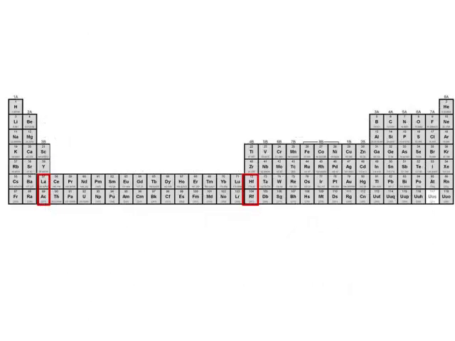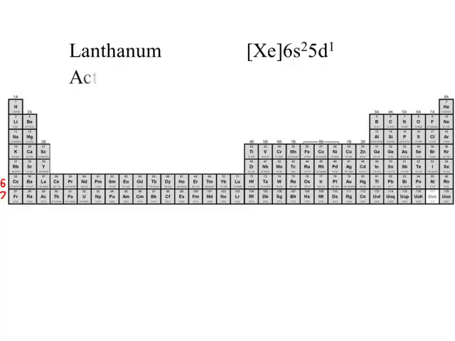The inner transition metals actually fit into the periodic table after the elements lanthanum in row 6 and actinium in row 7. Lanthanum is filled at 6s2, 5d1. Likewise, actinium ends with 7s2, 6d1.